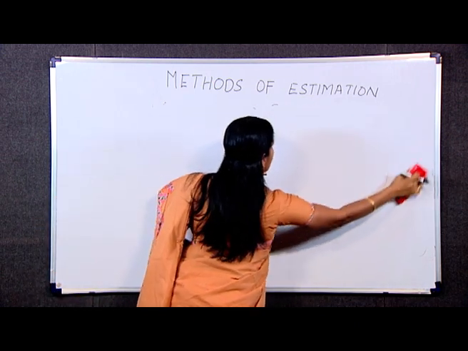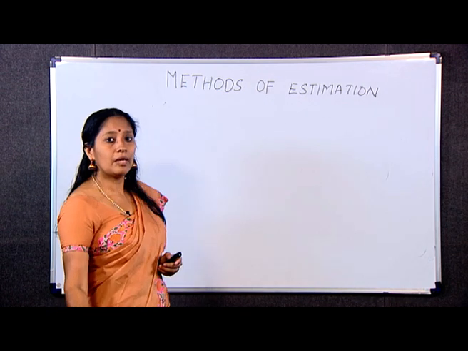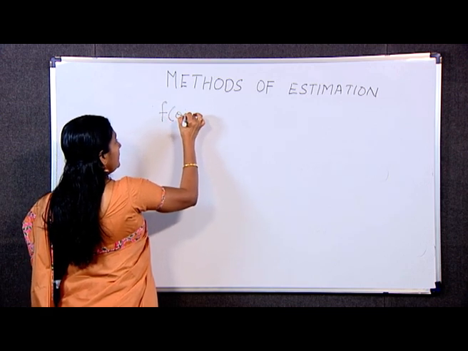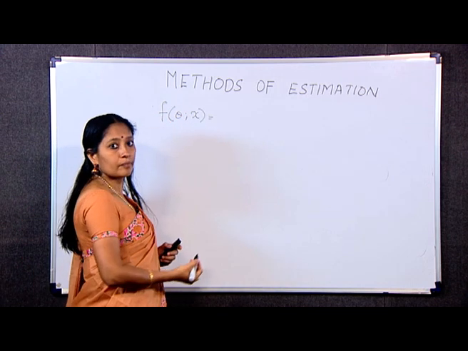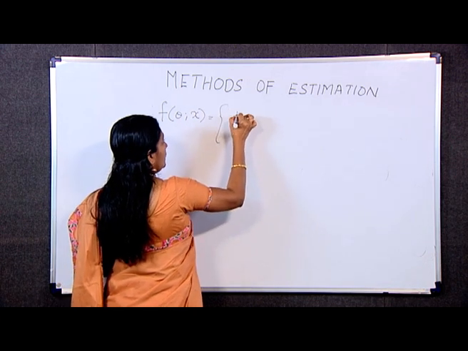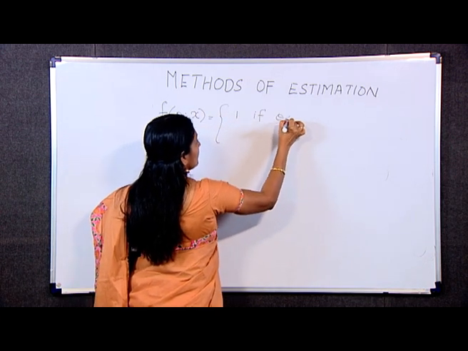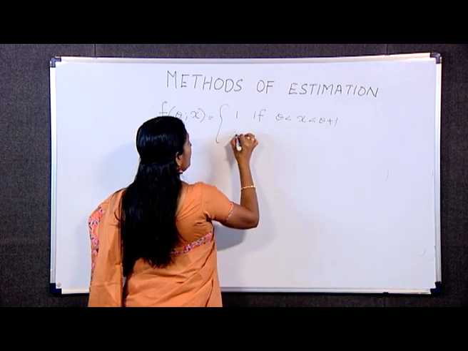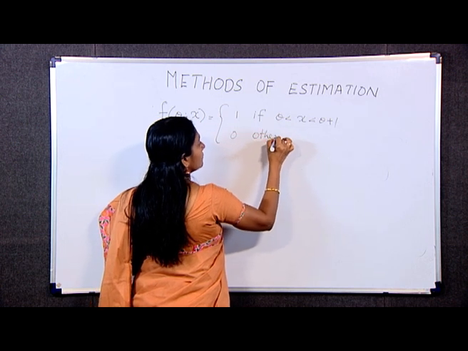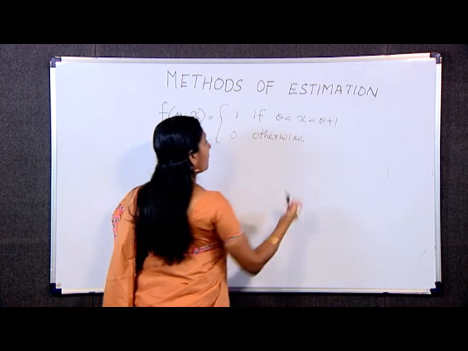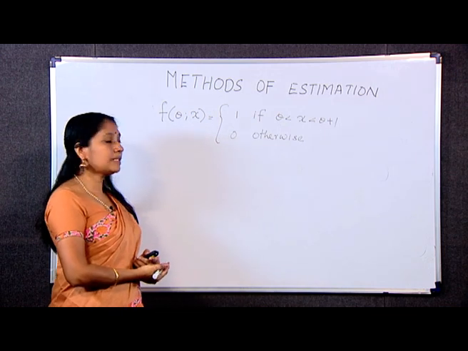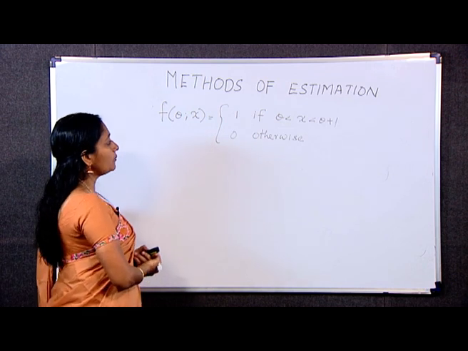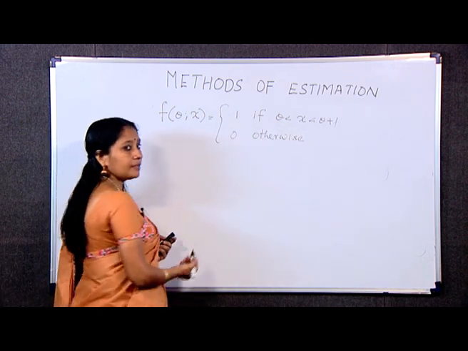Now, let us consider another example from the uniform distribution with PDF f theta of x equal to 1 if theta less than x less than theta plus 1, 0 otherwise. Again, you are taking a random sample from this population and you have to find out the maximum likelihood estimator of the parameter theta.